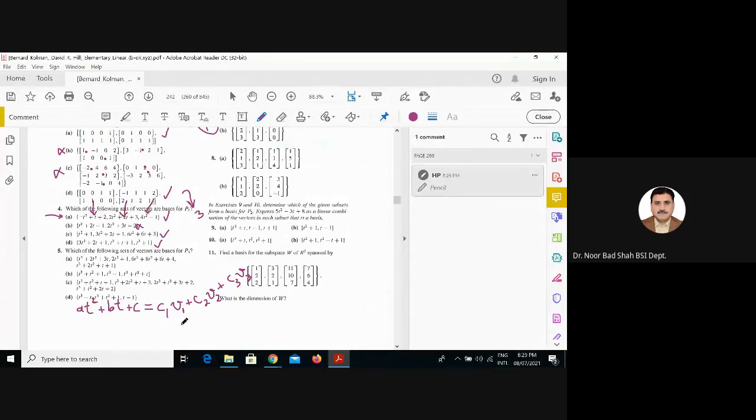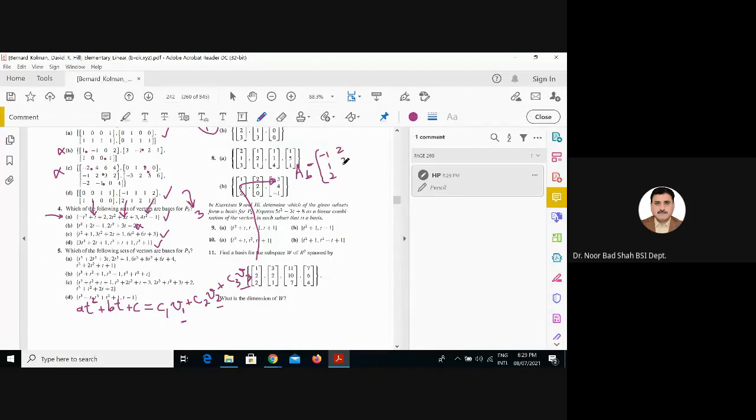You would put the values of v1, v2, v3 here, and then you would take the augmented matrix. You should remember the coefficients of t square, t, and constant will be taken along the column. The first one has -1, 1, and 2, so we would write -1, 1, and 2. The second vector will be 2, 2, 3.